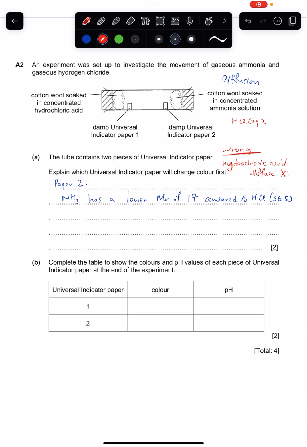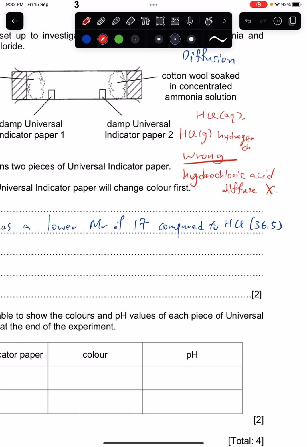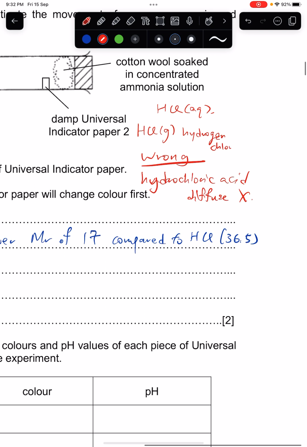It's a solution. The solution doesn't really diffuse so quickly. What we are looking out for is your HCl(g), which is called hydrogen chloride gas. But then again, we can beat the system by not even spelling it. Why don't you just write HCl? You won't go wrong, right?